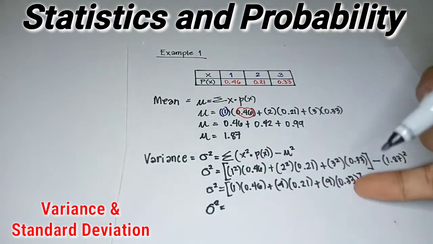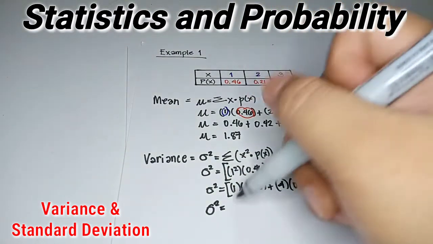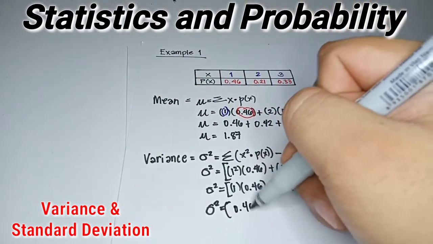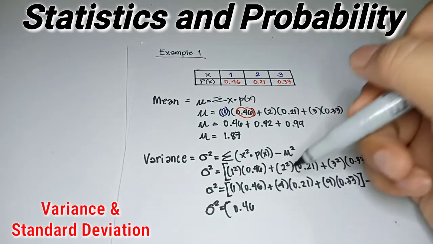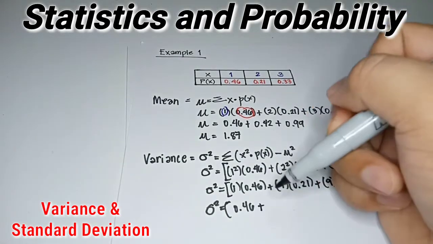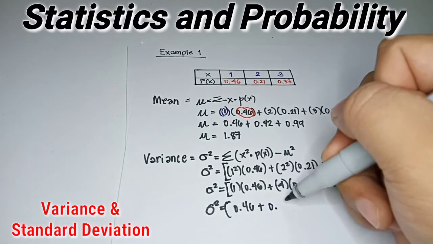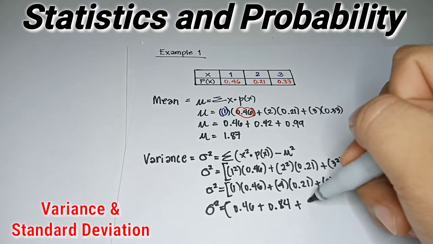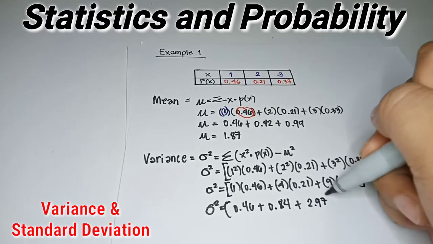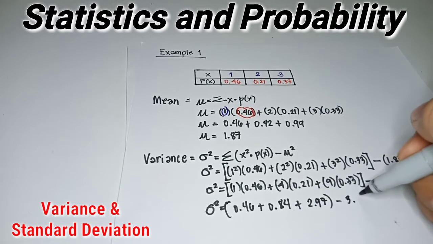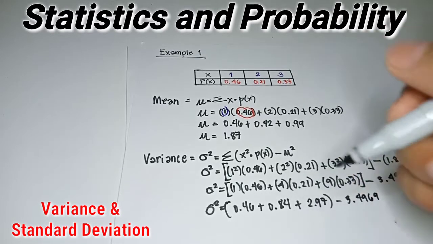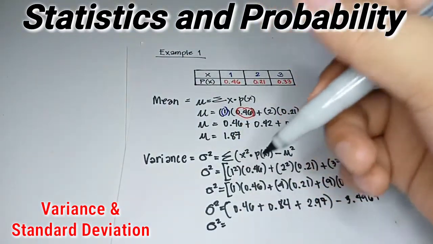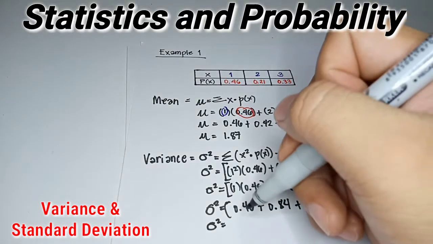And then let's compute it. 1 times 0.46, that's 0.46. Next, 4 times 0.21, you'll get 0.84. Then plus 9 times 0.33, you'll get 2.97, minus 3.4969. And lastly, add these values, you'll get 4.27.